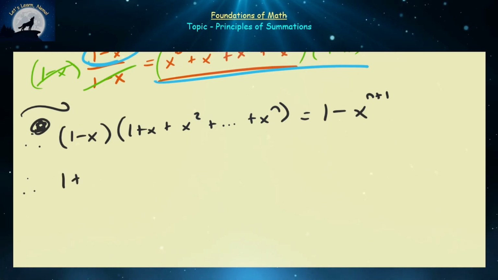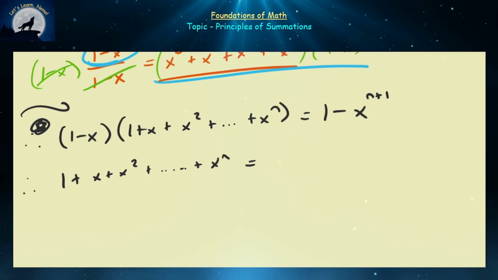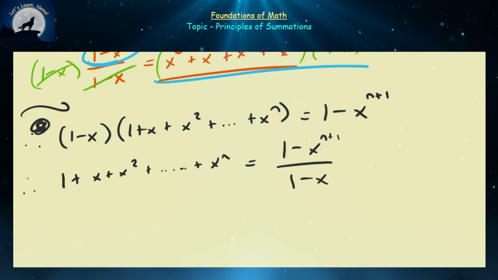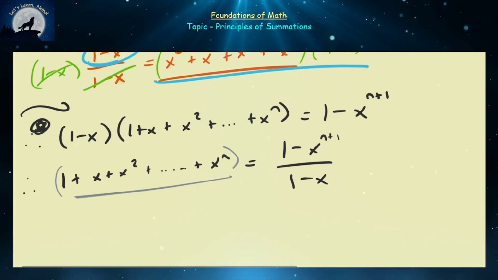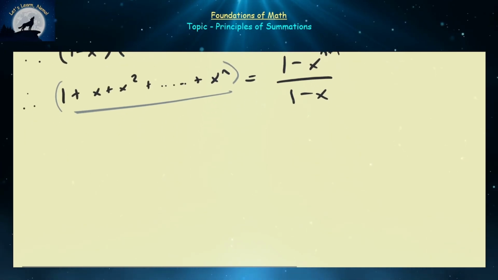And in particular, 1 plus x plus x squared plus all the way down to x to the power of n is just going to be equal to 1 minus x to the power of n plus 1 all over 1 minus x. Because what is this on the left-hand side? That is just a geometric series. So I can write that in summation form to make it a little bit nicer.